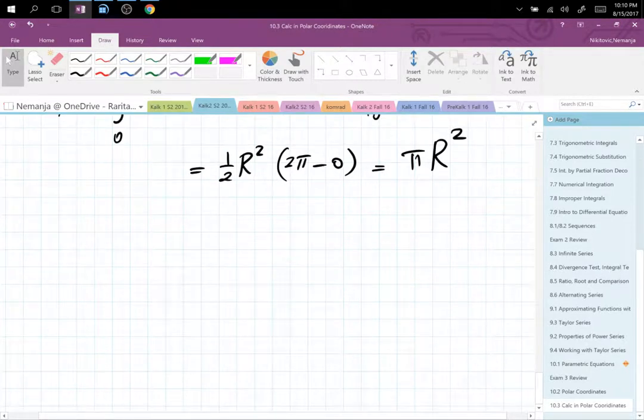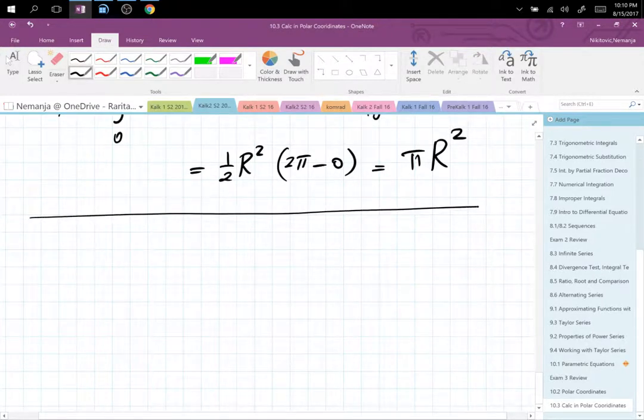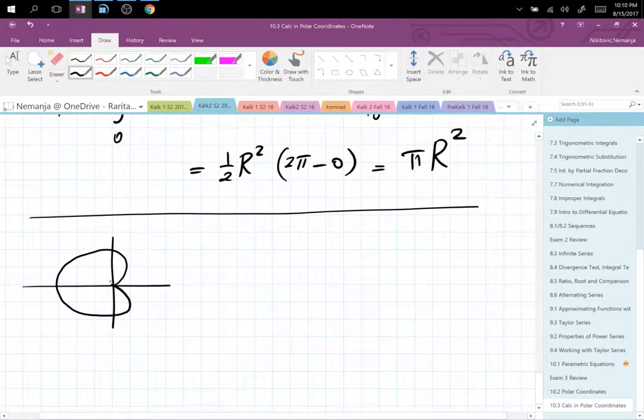But now I want to use this formula on the cardioid we just had. I want to know what is the area inside the cardioid. The area shaded in green.